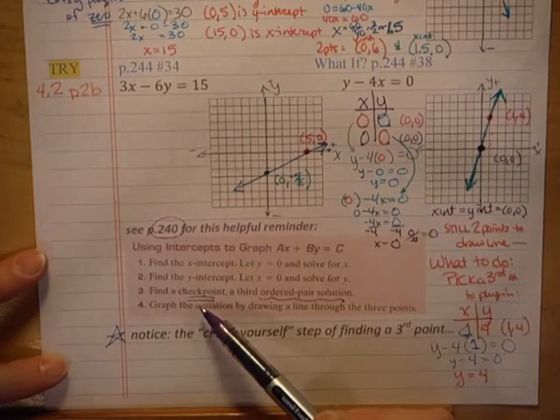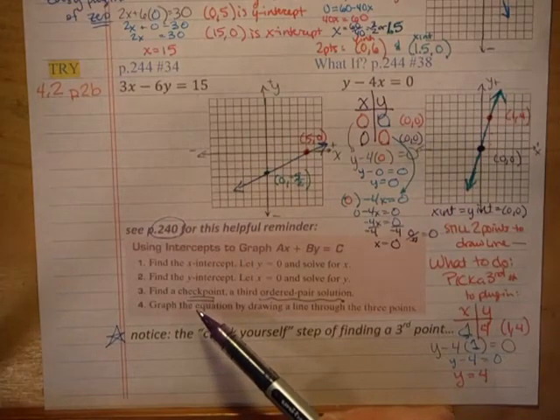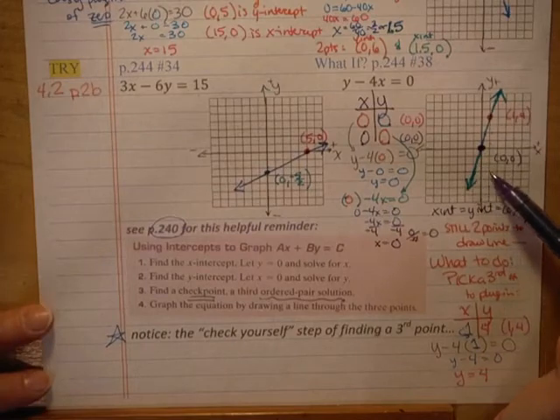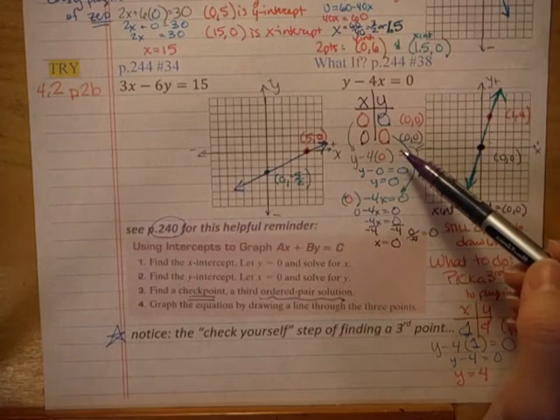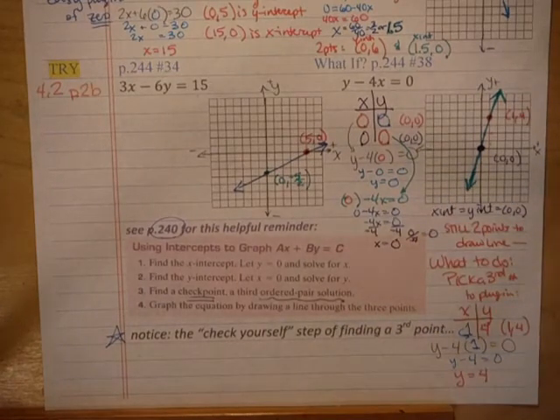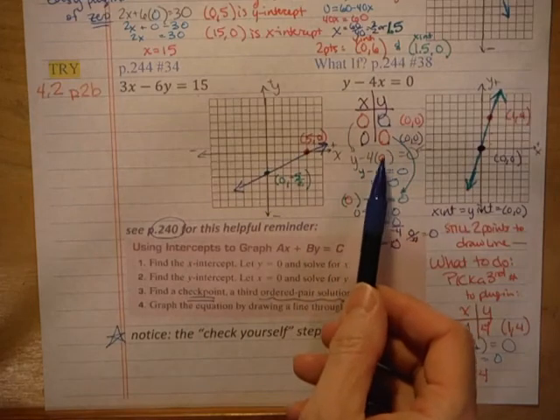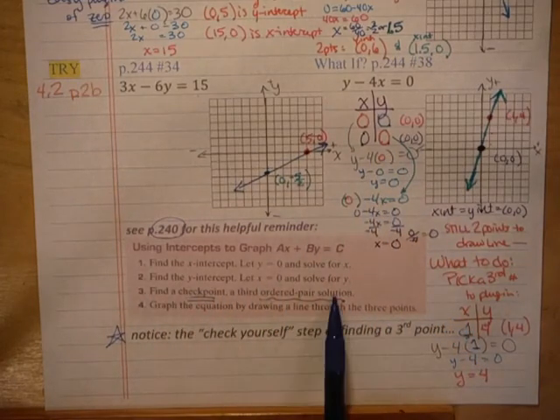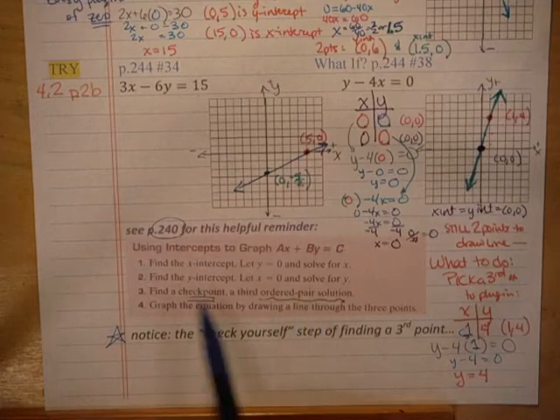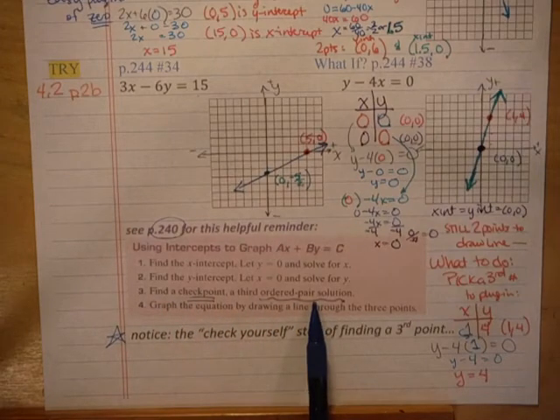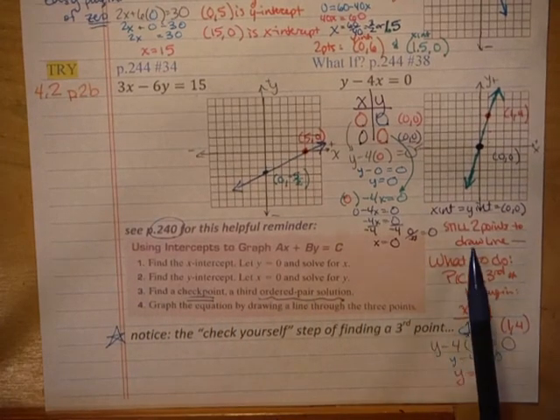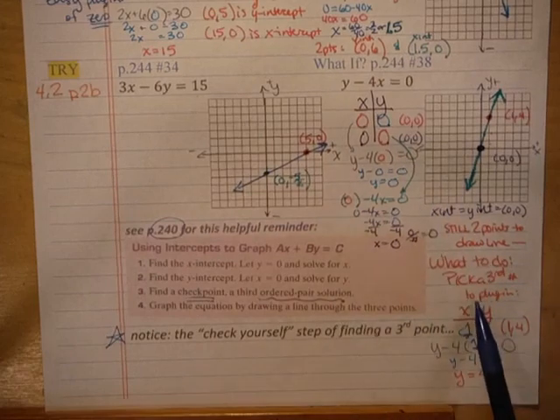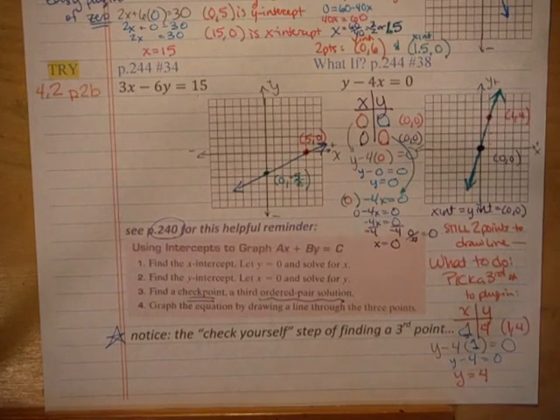They're recommending that you do that all the time, because if you grab a third point and it ends up off, you can't draw a straight line with your 3 points, so you've made an error somewhere. Usually errors are few and far between when you're just plugging in 0, so I don't find this critical, but it's a great way to be more confident on the exams. But it becomes necessary when your two intercepts are the exact same point at the origin. Okay, all right. So let's move on to page 3.